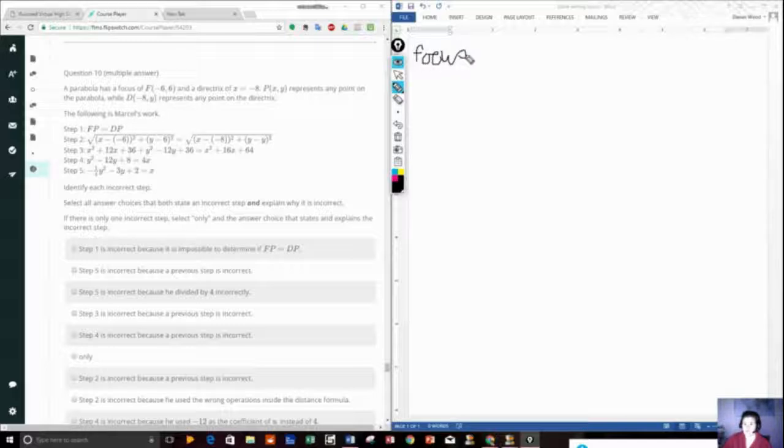The distance from the focus to the parabola is going to equal the distance from the directrix to the parabola.